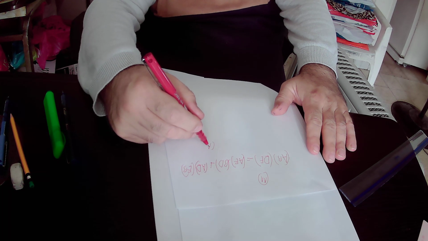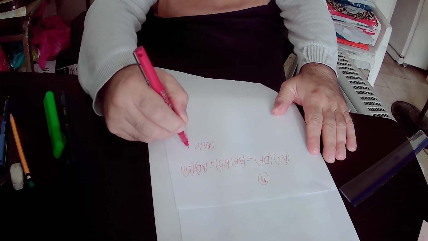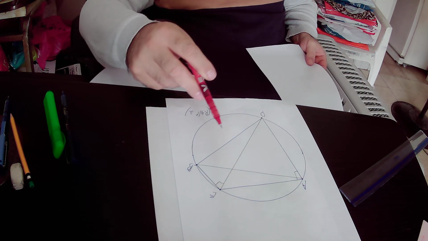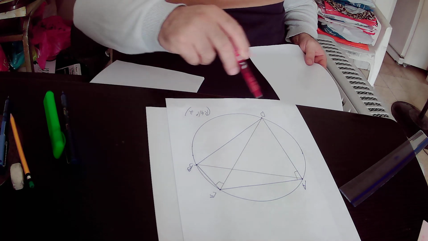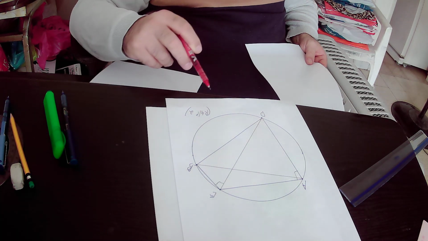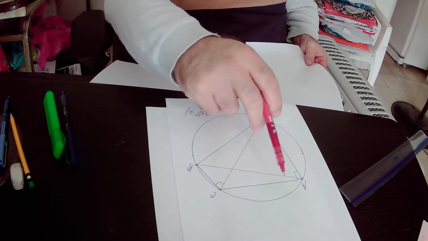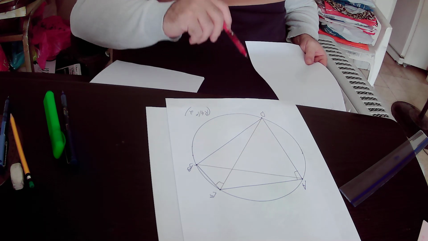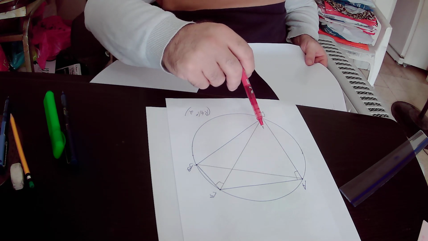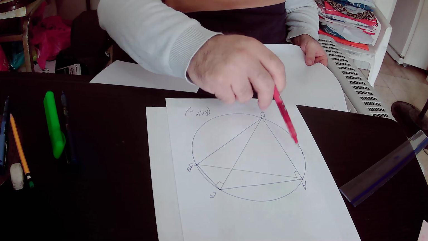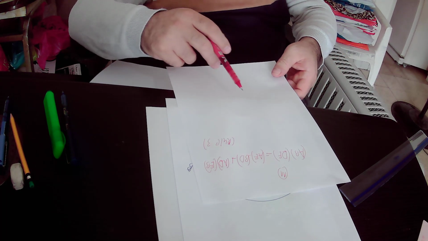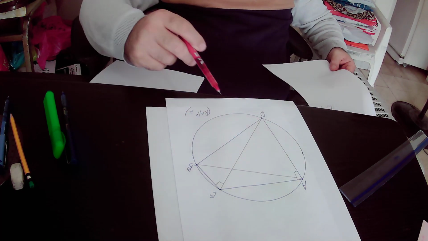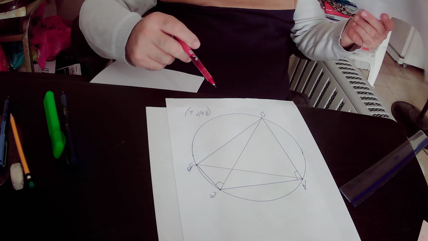So according to rule number 3, because quadrilateral AEBD is inscribed by this circle, according to rule number 2, the product of its diagonals, AB times DE, equals the sum of the products of its opposite sides.